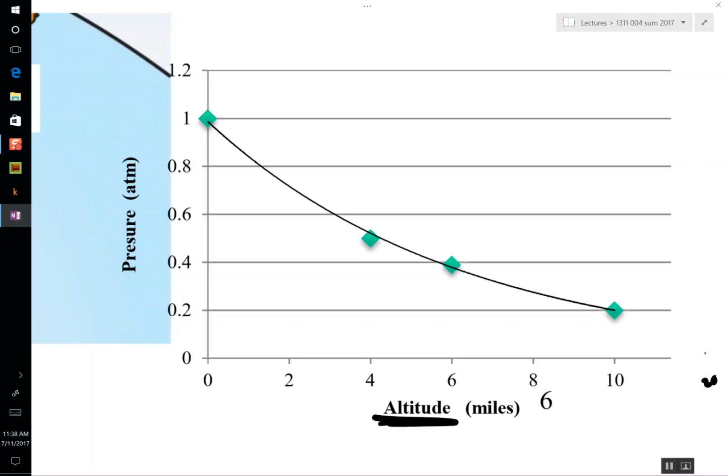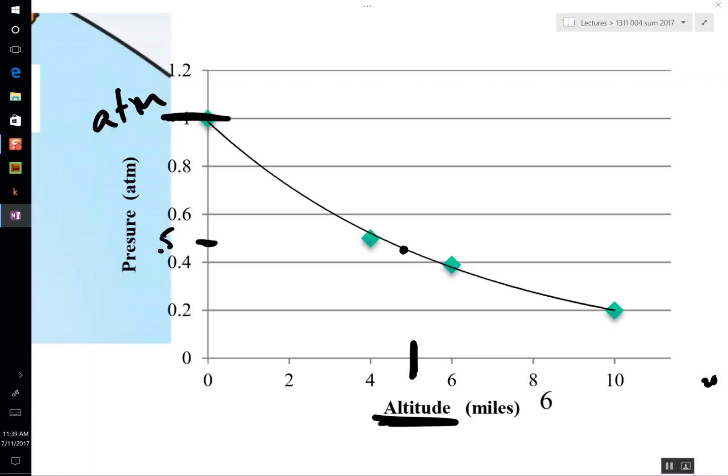Let's go out 5 miles. So there's 1 atmosphere. 5 miles out, what do you have? You've got 5 miles. So you're 1/4 of the way to the top of the atmosphere, and you're at about a half of an atmosphere. So it doesn't go down linearly.